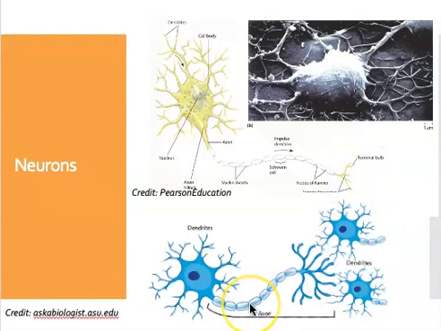Down here on the bottom of the slide, we can see a drawing of one neuron. It happens to be myelinated, and it is communicating with two other neurons. So here's the nerve cell body in blue, and the dendrites coming off of it. These dendrites are receiving information from some other cell or some other sensory receptor.